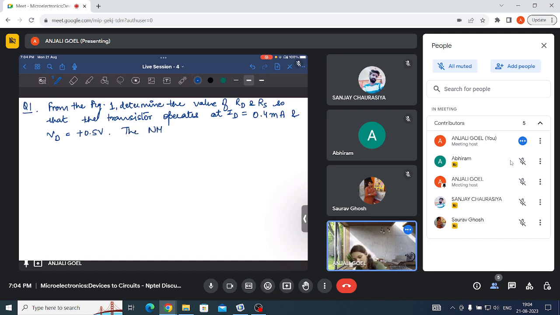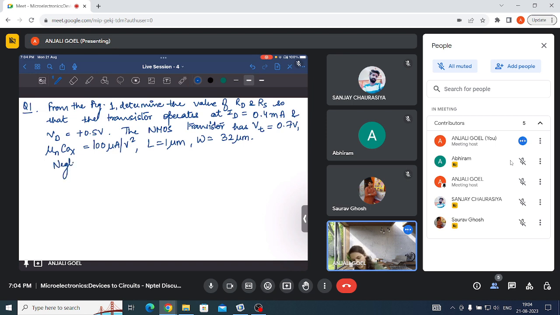The NMOS transistor has VT equals 0.7 volt, mu Cox equals 100 microampere per volt square. Length is 1 micrometer and the width is 32 micrometer.